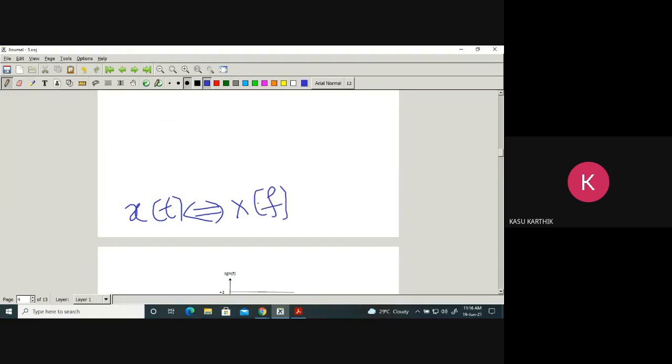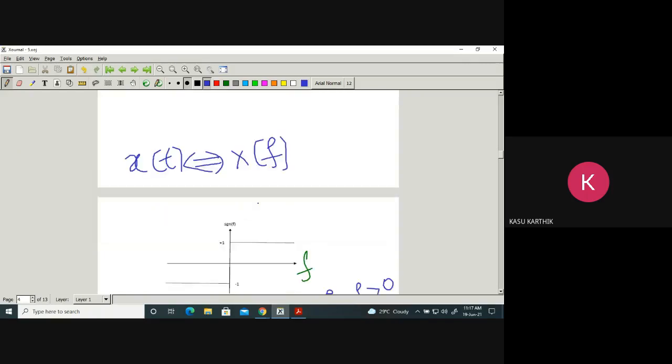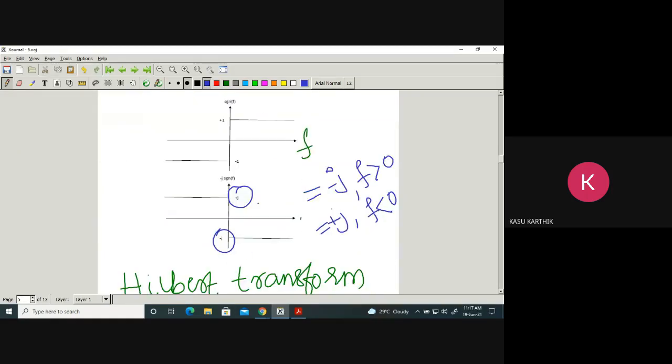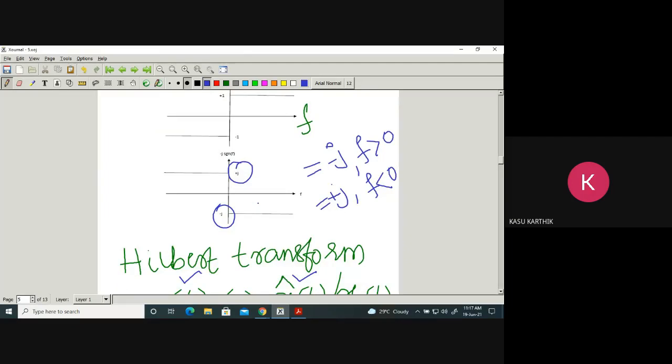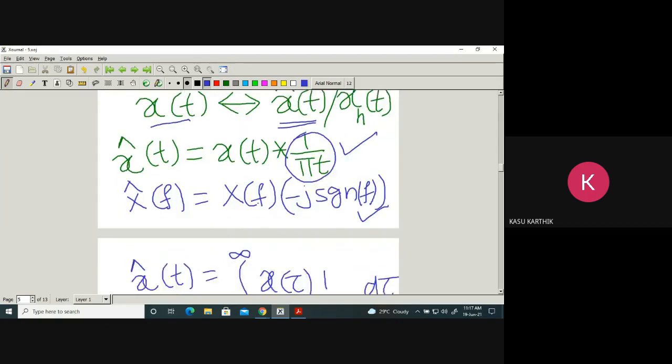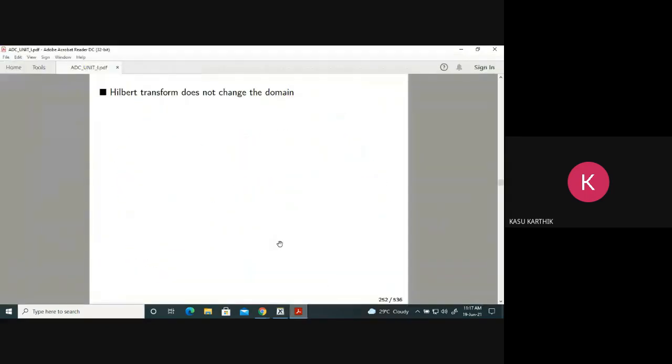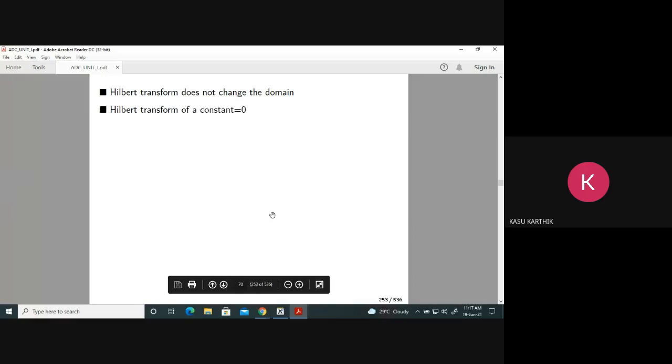It is changing the domain from time to frequency or frequency to time. Every other transform changes the domain except Hilbert. Time domain to time domain only. It only changes the phase by minus pi by 2. That's it. So even though it is a transform, it does not change the domain. So Hilbert transform of a constant is 0. Why is it 0? You find out.